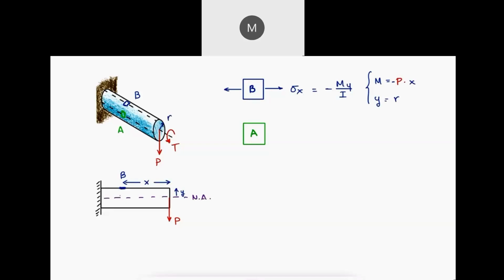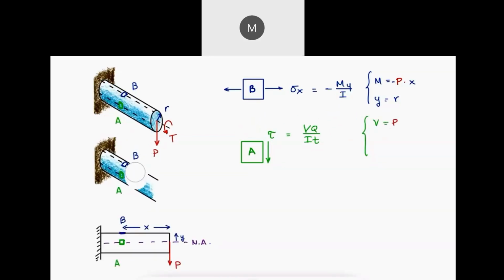Since stress element A is located on the neutral axis, the value of y would be 0, and therefore stress element A would not be subjected to this bending stress. Stress element A is instead subjected to a transverse shear caused by the shear force P. V would be equal to P. Q can be obtained by multiplying the shaded area of the semicircle above A times the distance from the neutral axis to the centroid of that semicircle, and t is the thickness of the rod at the point where we're trying to calculate the shearing stress, which is the center of the rod, and therefore t is equal to the diameter of the rod.